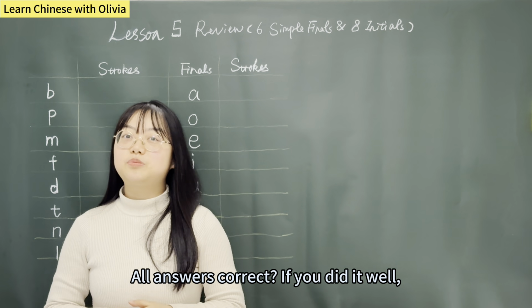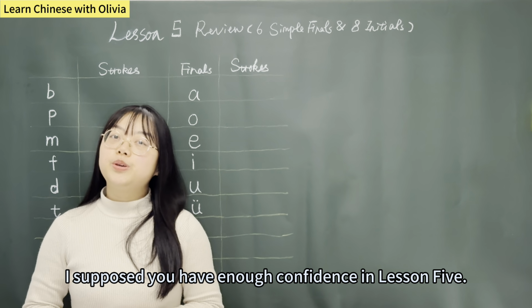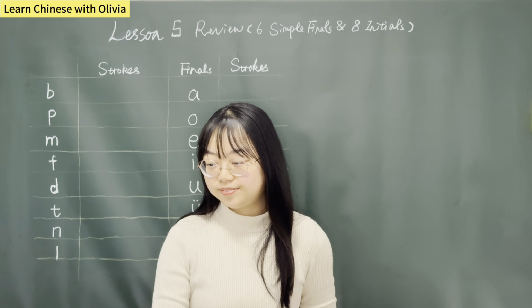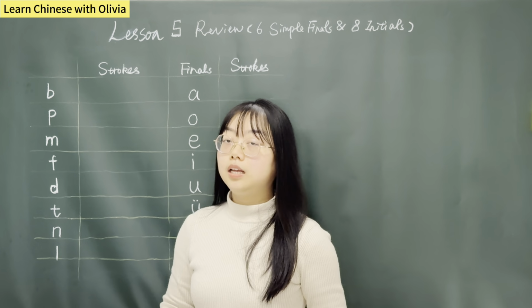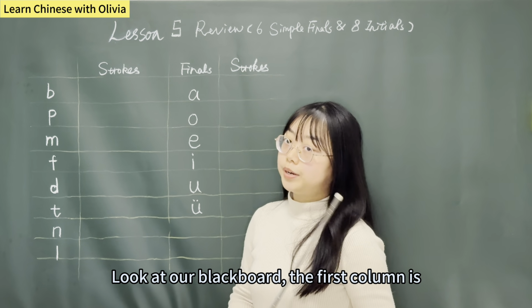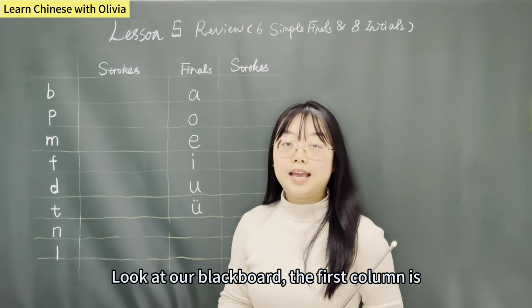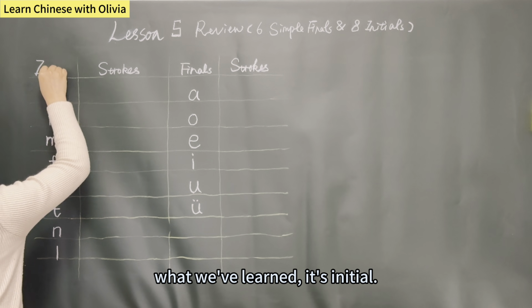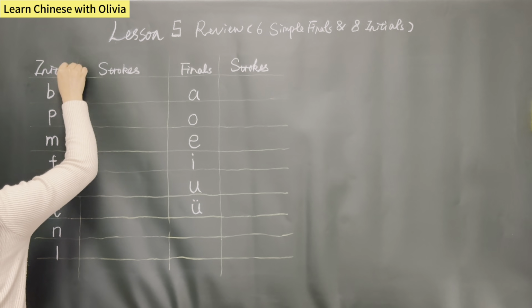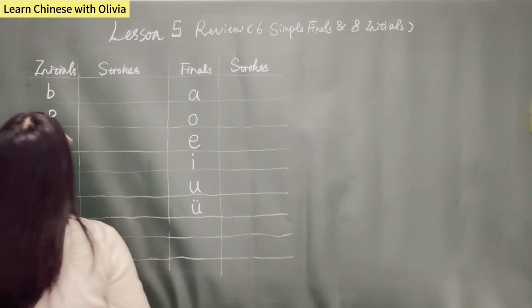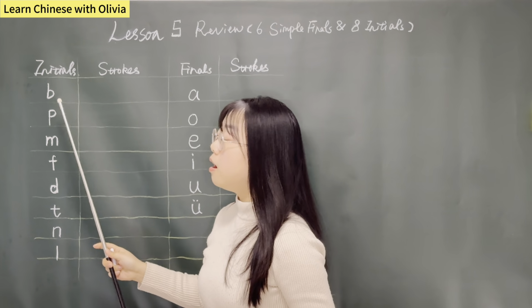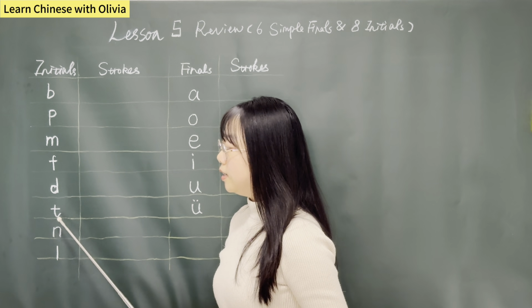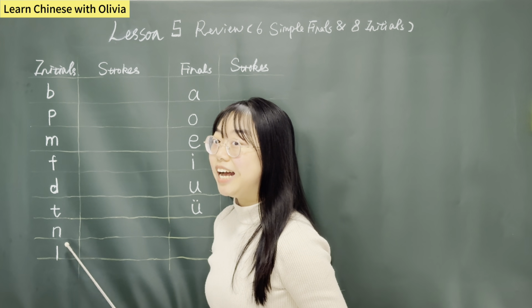If you did it well, I suppose you have enough confidence in lesson 5. So let's go. Look at our blackboard. The first column is what we've learned. It's initials: B, P, M, F, D, T, N, L, right?